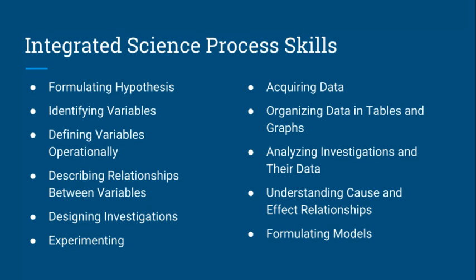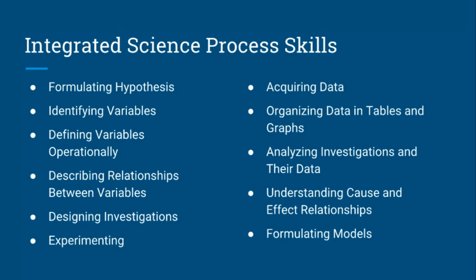They're things like formulating a hypothesis, and this is a mind thing. This requires the student to be able to think of what it is that they are going to be researching and how they think the outcome of that research is going to be, just so that they have this idea of where they're going.